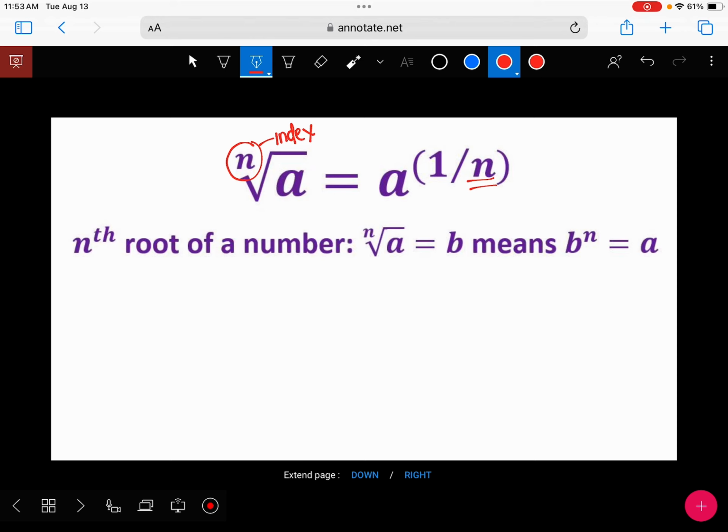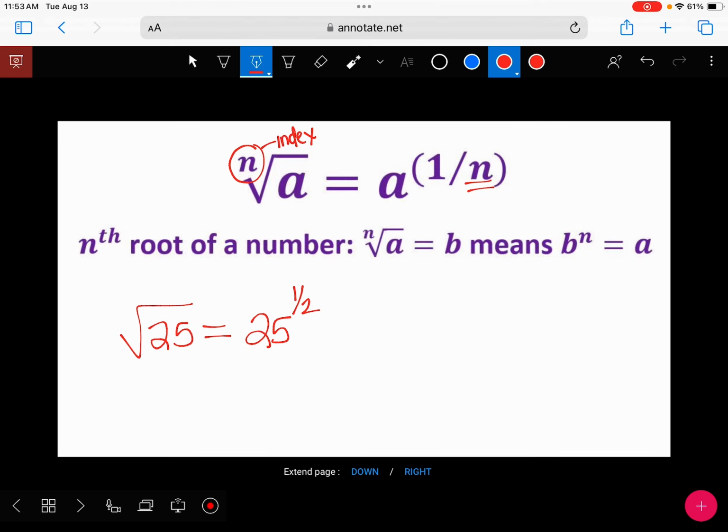Another way to write the square root, so if we have the square root of 25, that can also be written as 25 to the power of 1/2. That's what that means. So you won't always see it written with that radical symbol. It could also be an exponent that's a fraction.